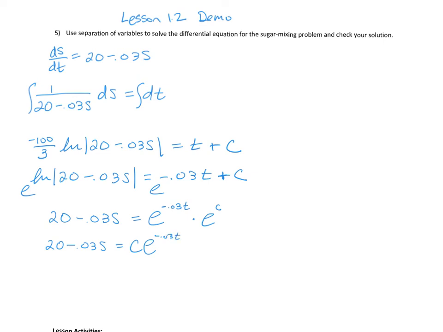And now I'm just going to subtract 20 and divide by negative 0.03 and get my formula for s. So negative 0.03s is c e to the negative 0.03t minus 20, and then divide by negative 0.03.